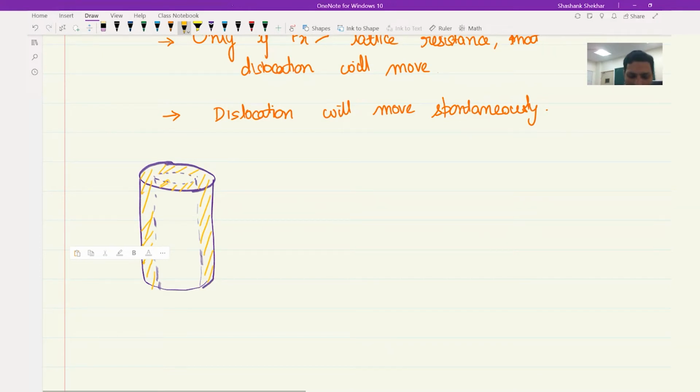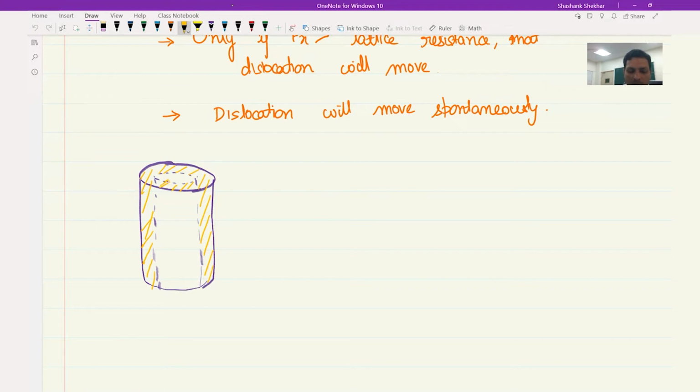And as soon as it reaches some region over here, this force becomes equal to the lattice resistance, and once it is on this side of this dashed line, the force acting on the dislocation is more than the lattice resistance, and hence it is able to move out. And thus we only see the outer layer of such a system to be free of dislocations.